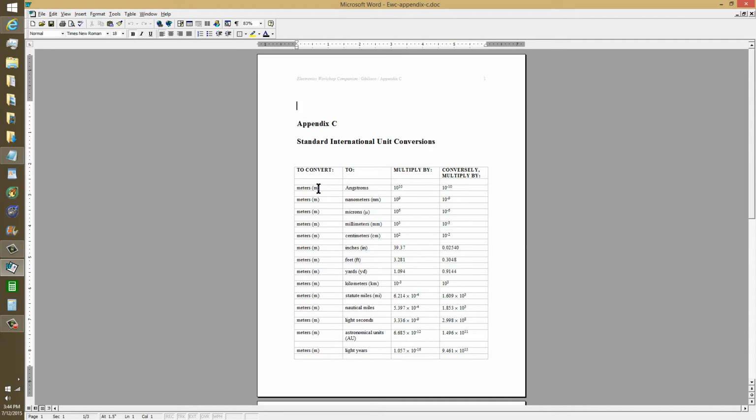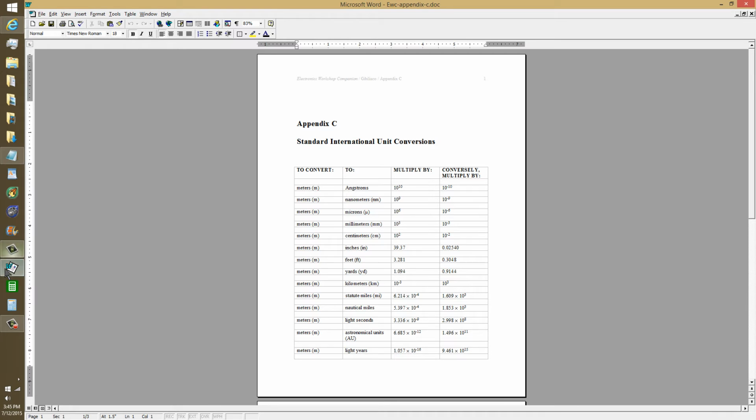So if you have a certain number of meters, some distance, 0.53 meters, and you want to find out how many angstroms it is, you multiply by 10 to the 10th. Conversely, if you have a certain number of angstroms and you want to find out how many meters it is, you multiply by 10 to the minus 10th. That's how tables like this work.